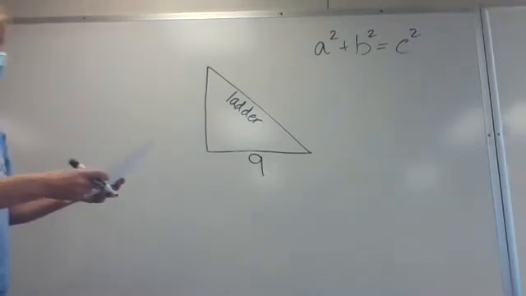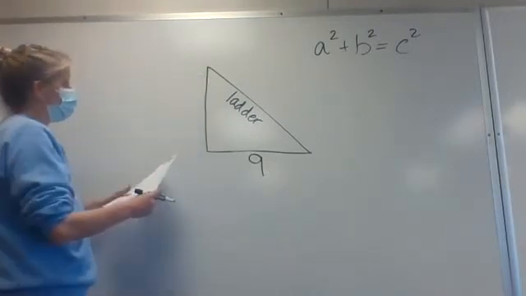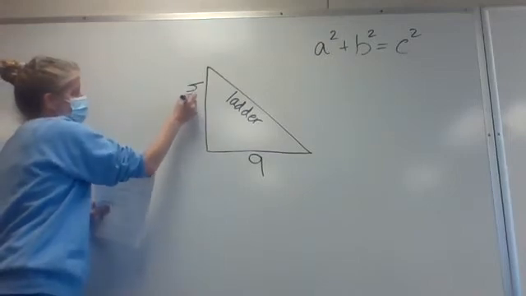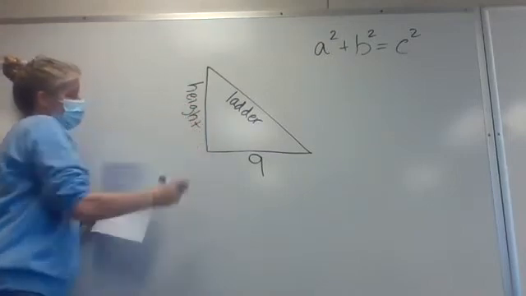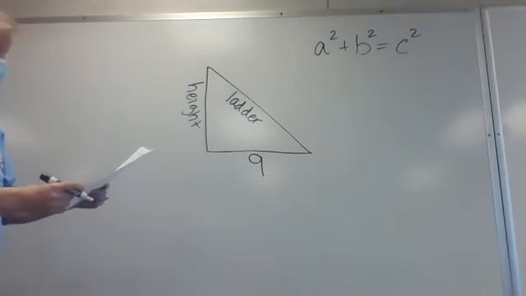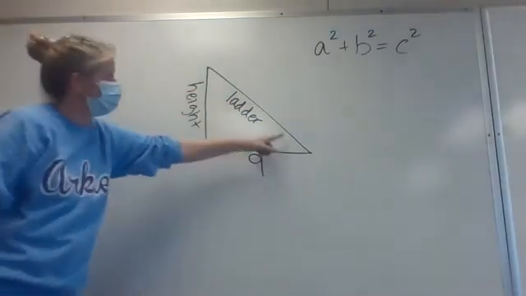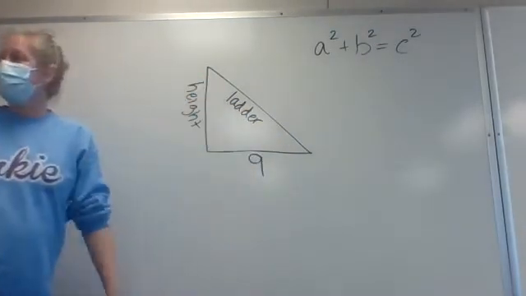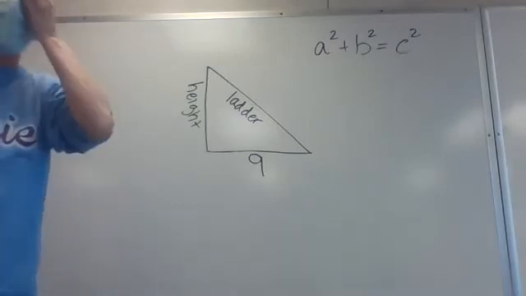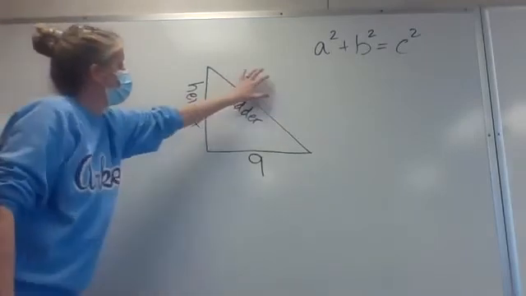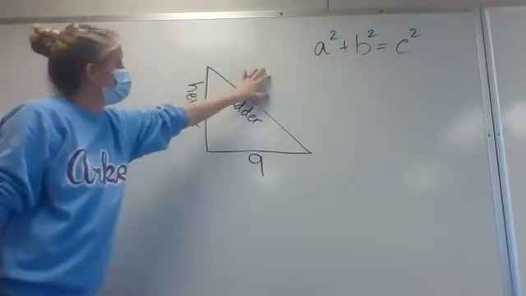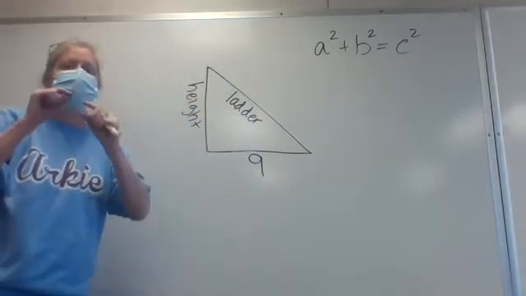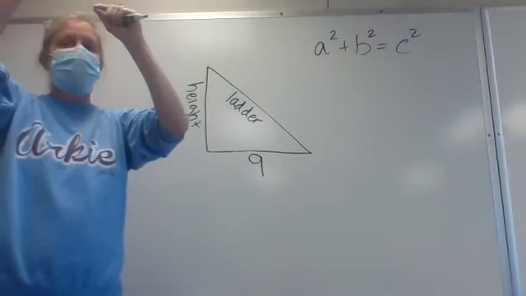The height that the ladder reaches on the wall, so here's my height, and the length of the ladder are consecutive integers. So what does that mean between this side and this side? Consecutive integers just come one right after the other.